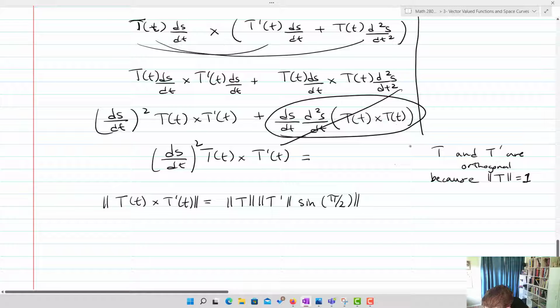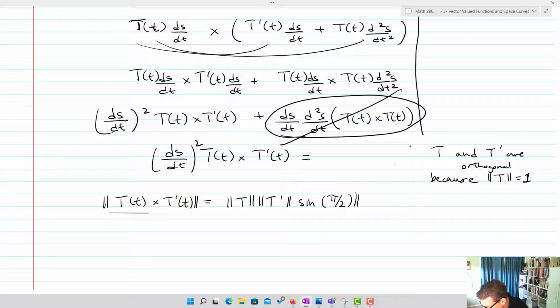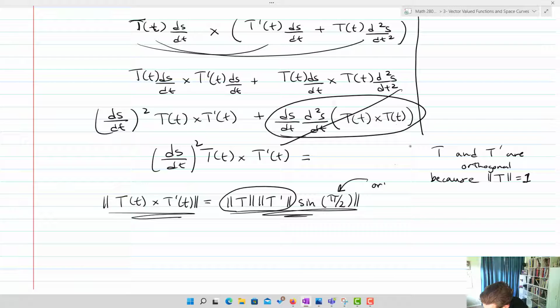The cross product is equal to the magnitude of each individual vector valued function times the sine of theta, which is the angle between the two. The angle between them is pi over 2 because they're orthogonal.